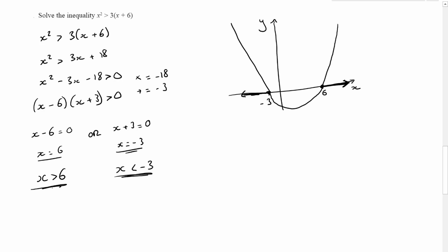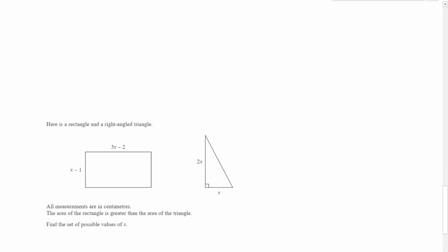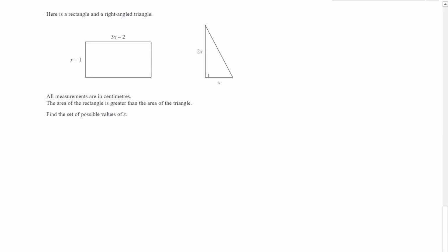So as long as x is greater than 6 or x is less than minus 3, then this expression will be greater than 0.